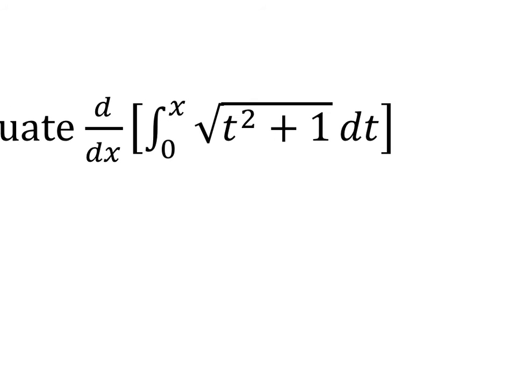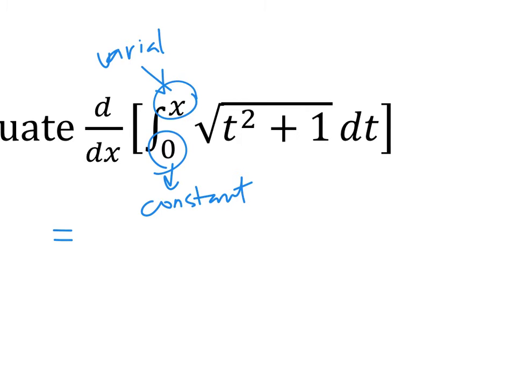And so you can pretty much make this assumption every single time. If the lower limit is a constant and the upper limit is a variable, and we make sure the variables are the same, then you can just make a quick switch, because it's the same function with a variable switch.